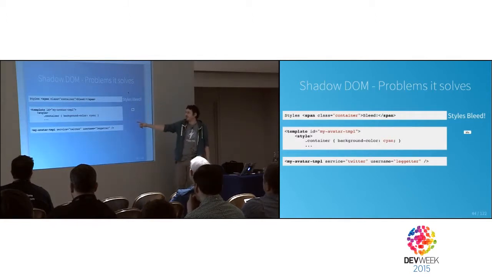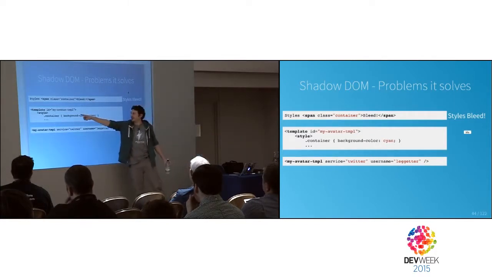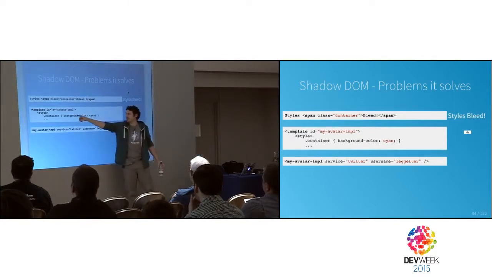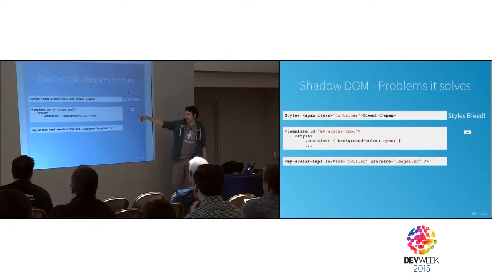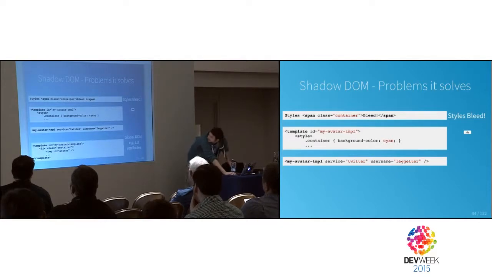Now in my custom element, I've also got a style attribute which has a container rule that sets the background color to cyan because it's my favorite color. It's not really. And then when I add this to the DOM, so let me just finish that off. Okay, yeah, so that's the complete custom element definition.